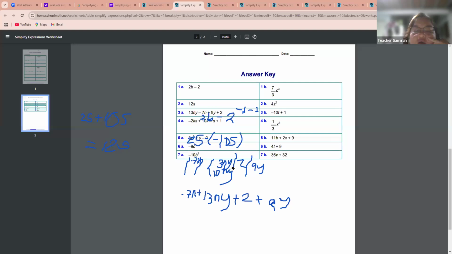The only thing we need to do with this one is to arrange it: the ny, and then the n, and then the y, and then the positive 2. Can you get it? You slowly get it, Mark?